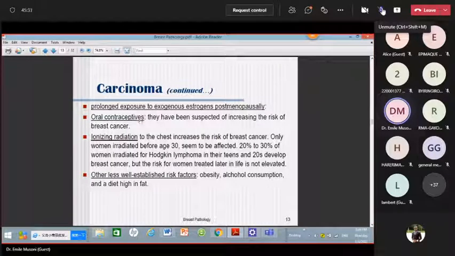Oral contraceptives can also cause cancer, as can radiation, obesity, alcohol consumption, and a diet rich in fat.